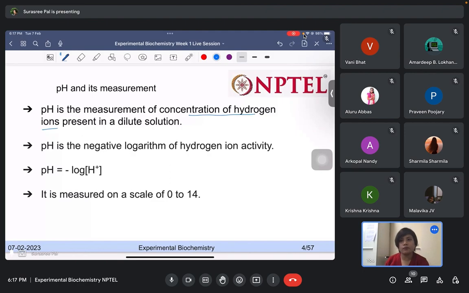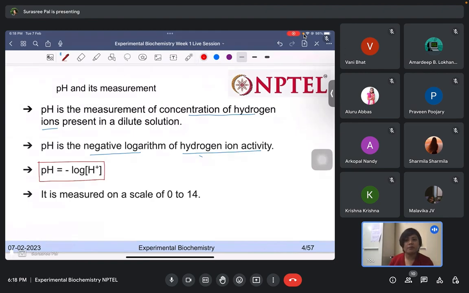The formal definition states that it is the negative logarithm of hydrogen ion activity. It can be written as pH is equal to minus log of H plus ions, or the concentration of H plus ions.